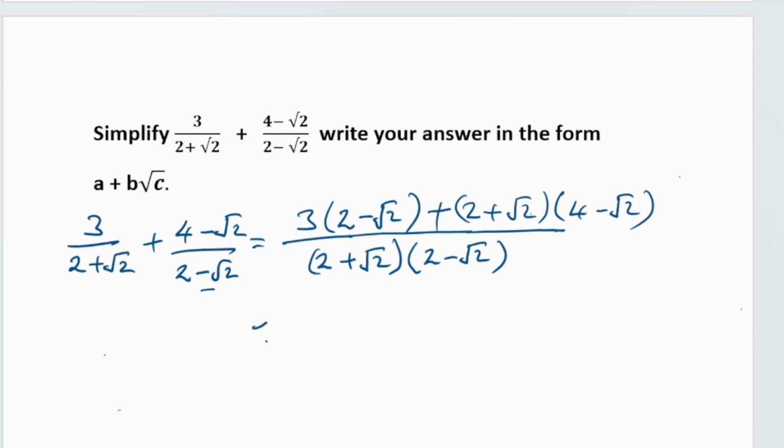And therefore it will be 3 times 2 is 6. We open the bracket. 3 times square root 2 will be minus 3 square root 2.